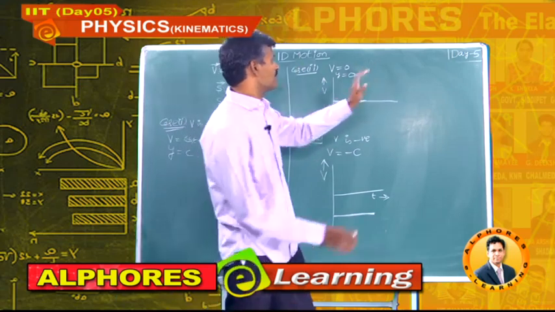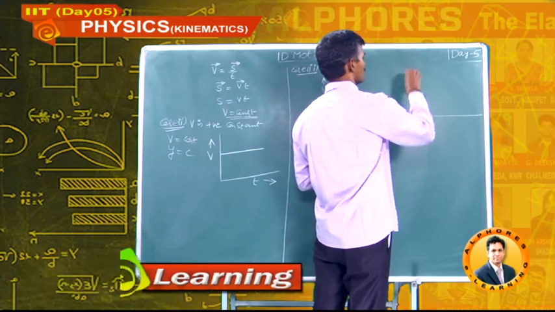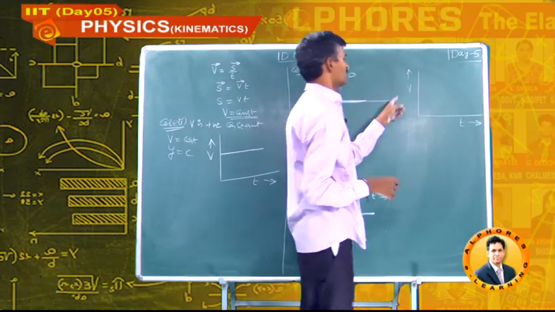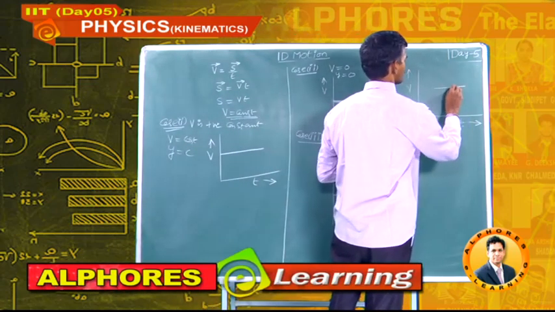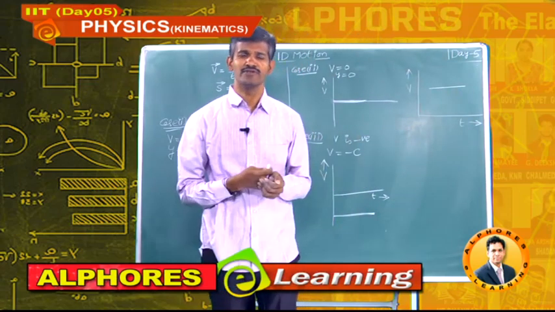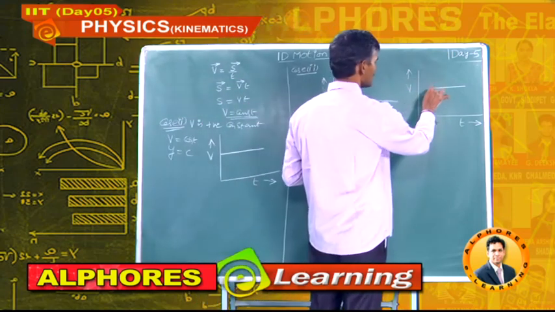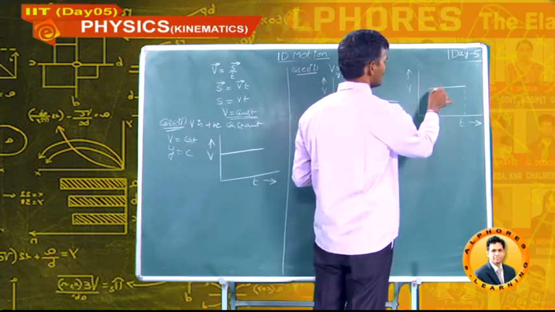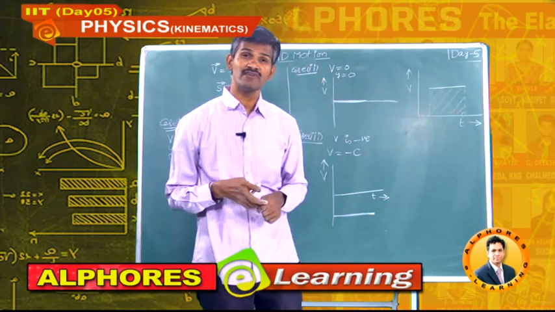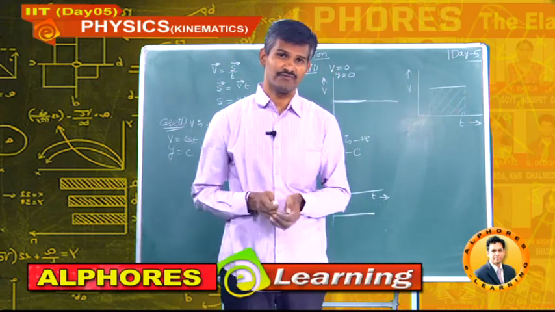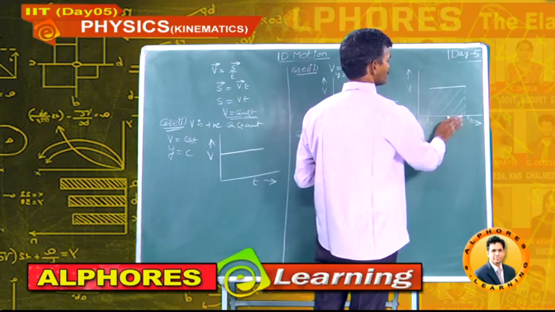Students, if they gave velocity time graph, which quantity can we calculate from that graph? Suppose they give velocity time graph like this, when body moving with some uniform velocity. By calculating area under the graph, this area gives displacement of that particular body in that particular interval. Suppose body travels from t1 to t2 interval.